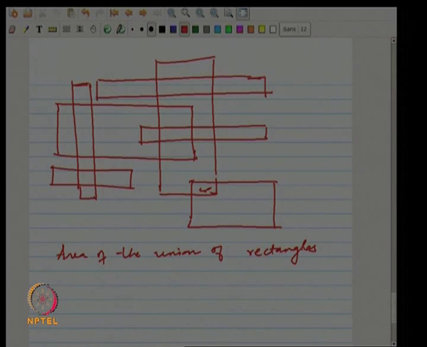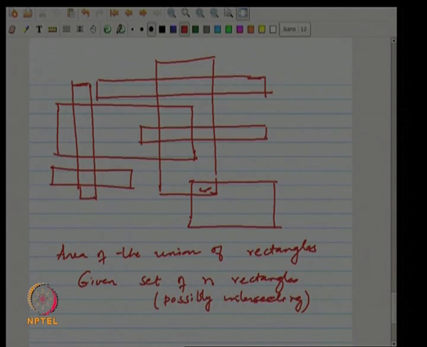So how would you, given a set of n rectangles, possibly intersecting. If they don't intersect, trivial, right?